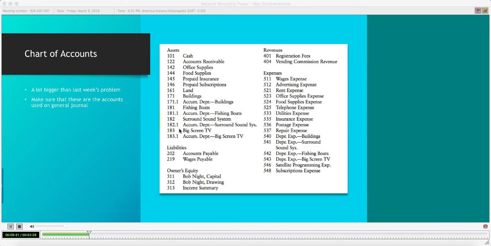So you're going to have all of the accumulated depreciation and the depreciation expense accounts to go along with that. So it looks huge, but in reality, it's nothing different than what we've normally been doing.